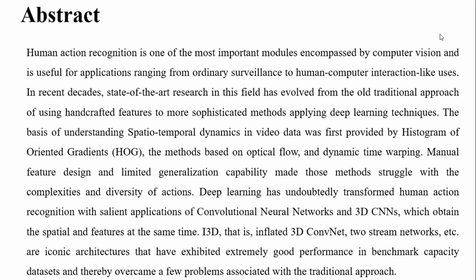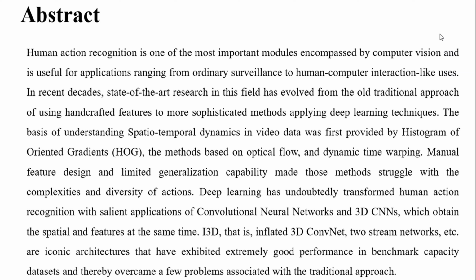Human action recognition has a wide range of applications, from camera surveillance to human-computer interaction. We have many traditional methods like histogram of gradients, optical flow, and dynamic time warping, which capture spatio-temporal dynamics in the video data, but have specific limitations which are discussed later.